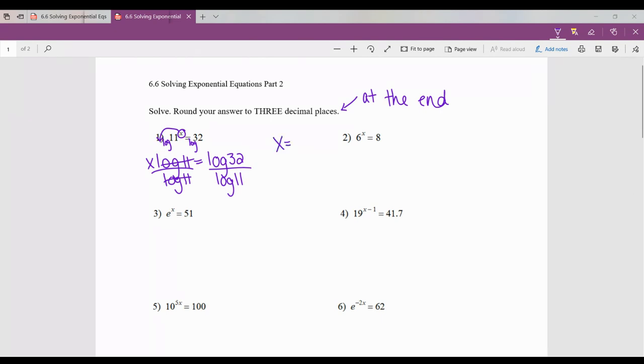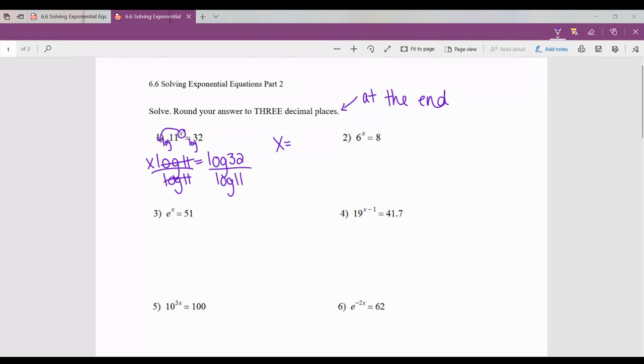Now this is the part where you have to be careful with your calculator. Depending on which type of calculator you have, you might have to do the steps a little bit differently, so you might have to play around with the calculator until you get the matching answer. In my calculator, I'm going to do log 32, and because it had an open parenthesis, I'm going to close the parenthesis after that 32, divided by log 11, close that parenthesis, and hit enter.